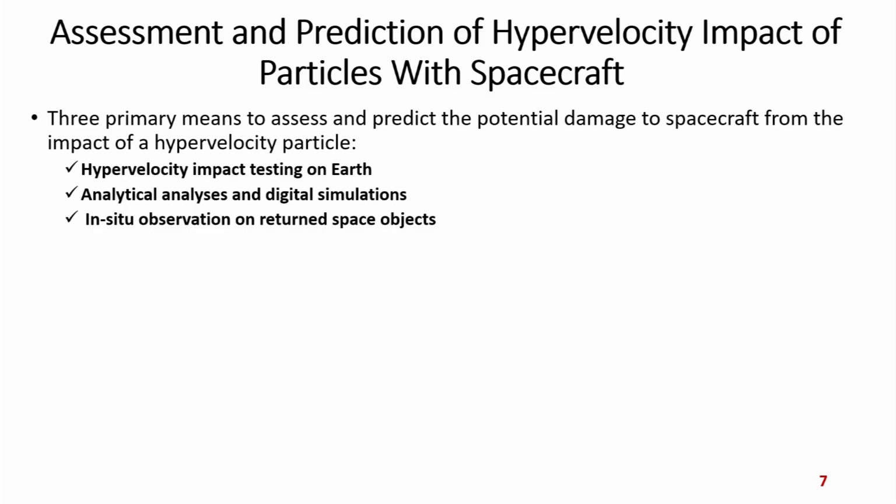So, there are various types of returns, like the capsules which are used to take the astronauts to these space stations or bring them back from the space stations or the space shuttles.